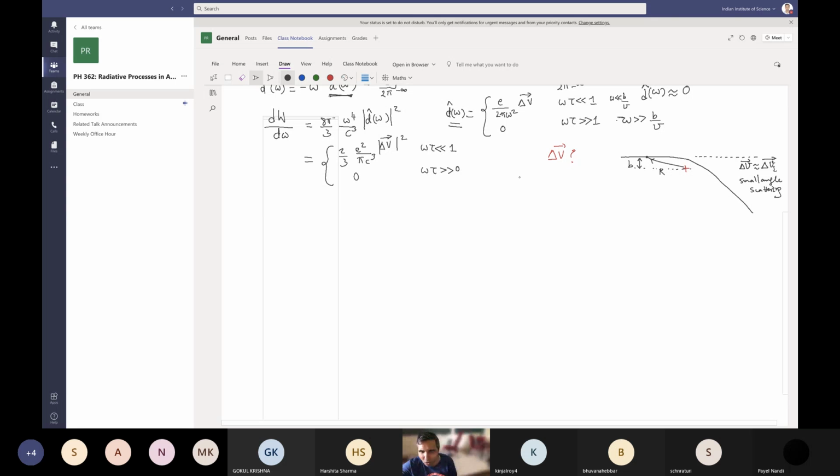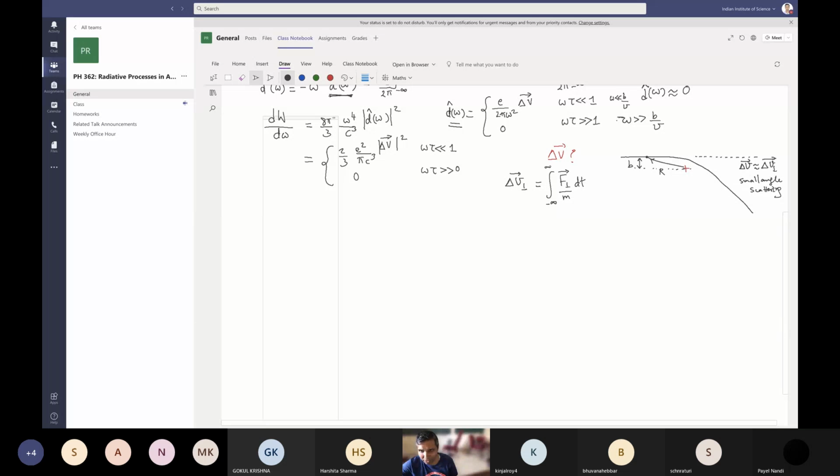So as I said, delta V is almost delta V perp. And what is delta V perp? Change in perpendicular velocity is equal to F perp divided by mass, dt, right?